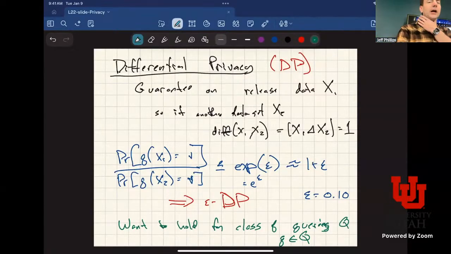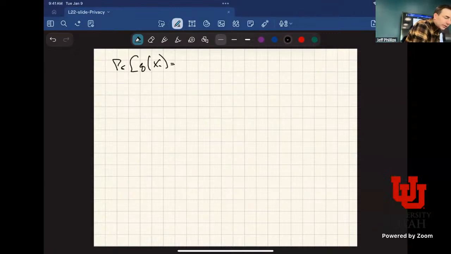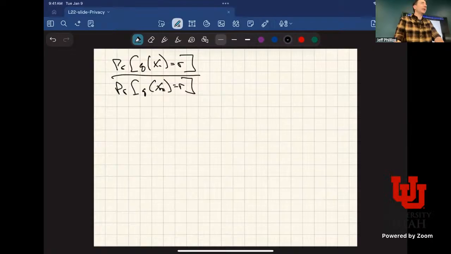This is a little bit tricky to understand, so let me go through some examples. Say the probability of Q of x1 equals some value r, versus the probability of Q of x2 equals the same value r, like what's the probability that people in this set have cancer, and let's say that ratio is equal to 2.